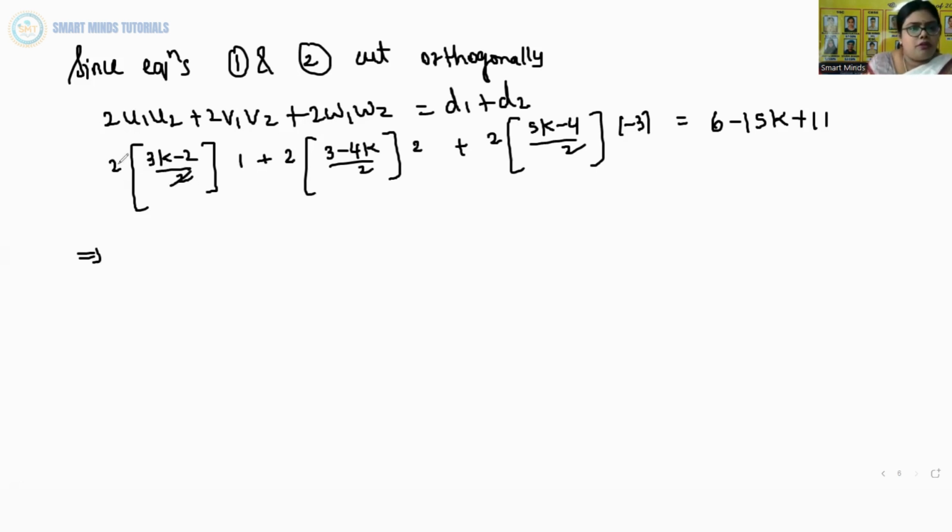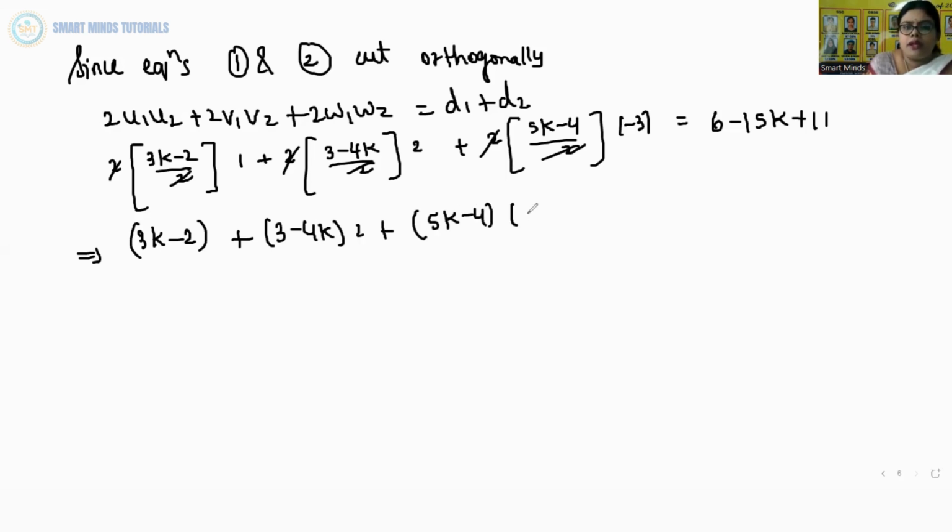So here 2 cancel, here 2 cancel, and here 2 cancel. So you get (3k − 2) + (3 − 4k) into 2 + (5k − 4) into −3 = 17 − 15k.